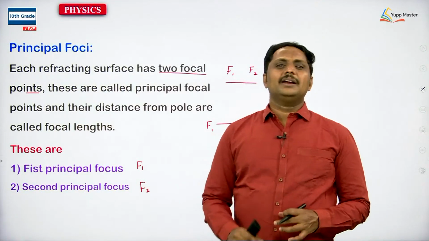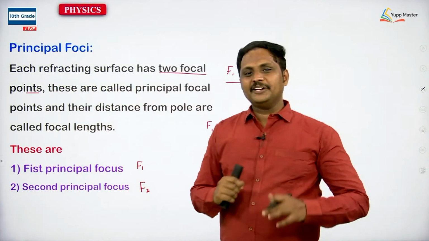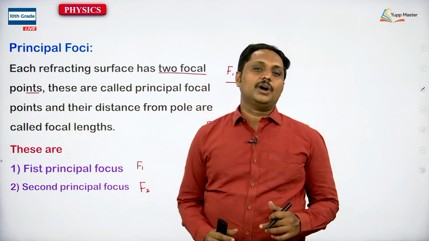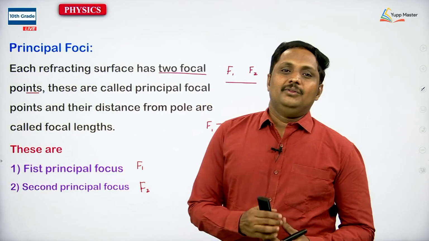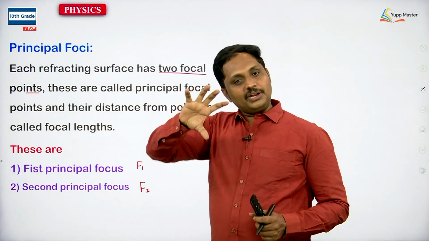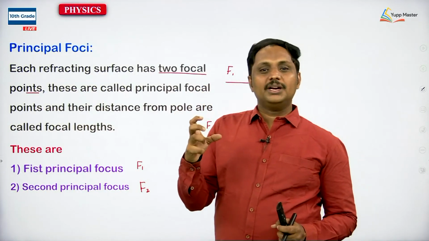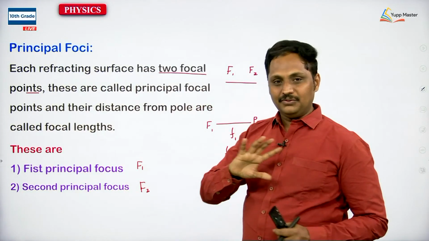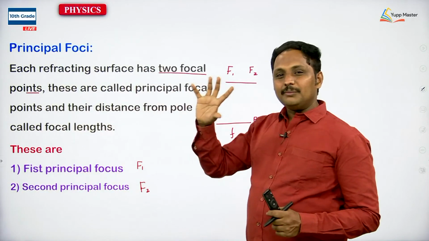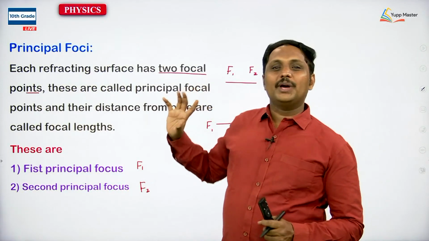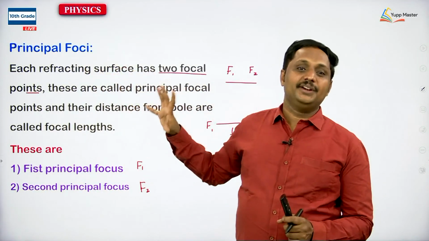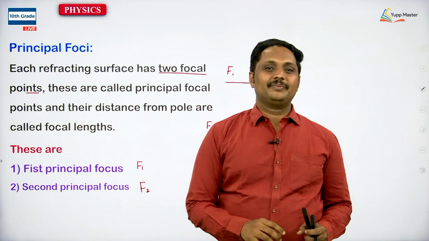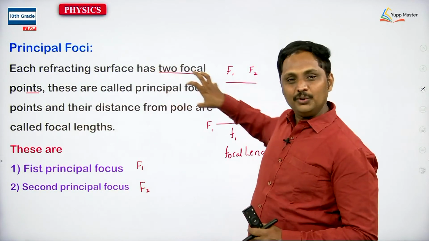It is very clear, depending upon how you identify the focal point, the foci. After the phenomenon of refraction, you have to see that all the light rays are about to meet at one point. All the light rays are about to converge or diverge. At a particular point they are about to meet, they are going to follow this path.